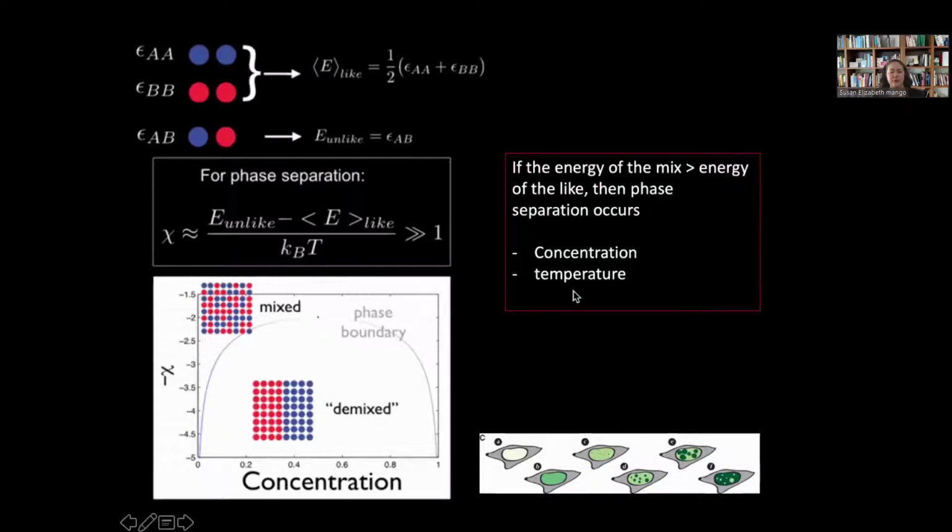What about temperature? Well, temperature is down here in the denominator. So as you raise the temperature, this whole number is going to get smaller. And so as you raise the temperature, you are less likely to form a phase separated state.